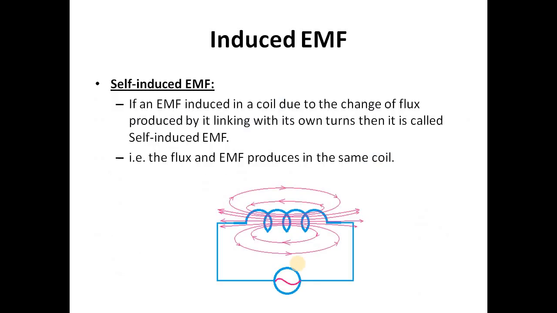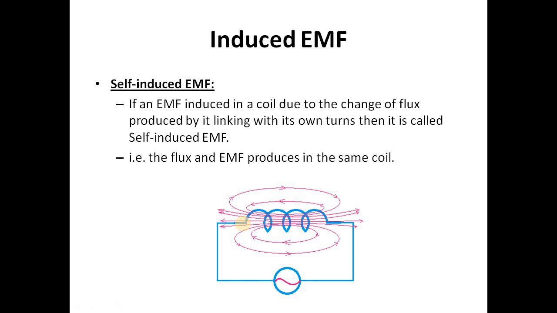So now we will discuss self-induced EMF. In case of a self-induced EMF, as per the diagram you can see we have a coil, and for that coil we have given an alternating voltage or an alternating supply. As we have given the alternating supply, because of this an alternating current flows through the coil.